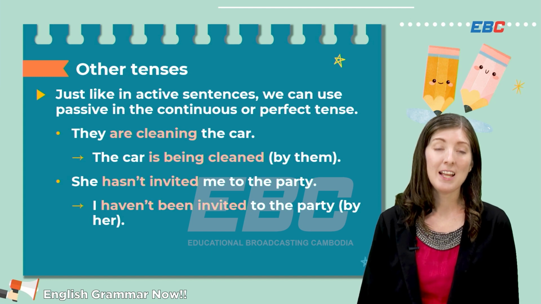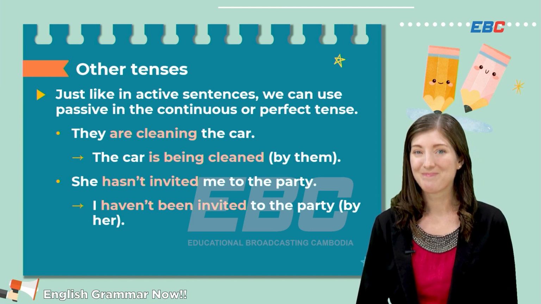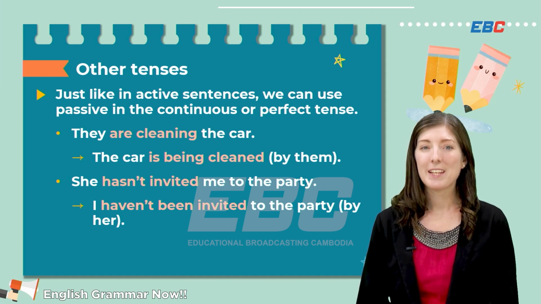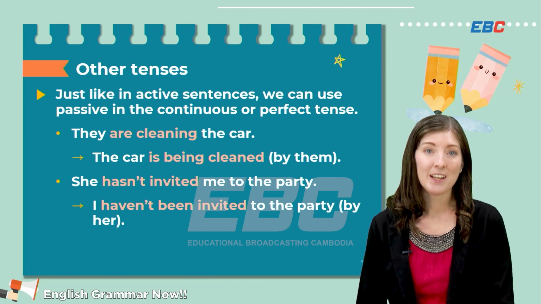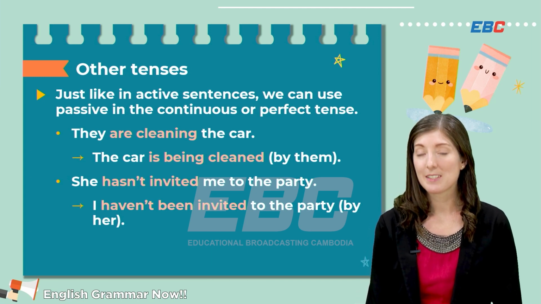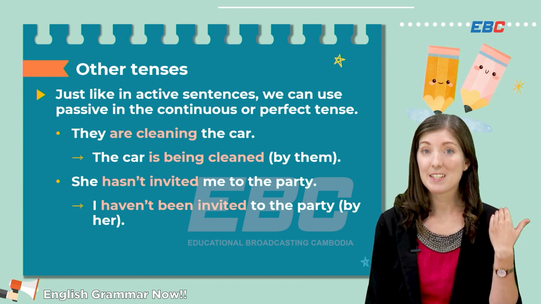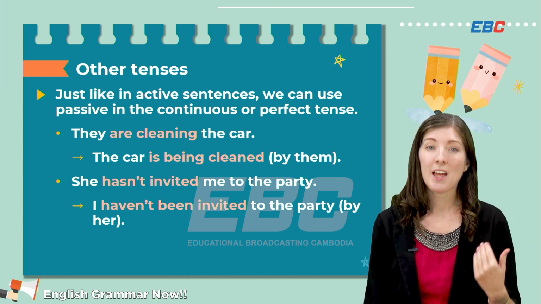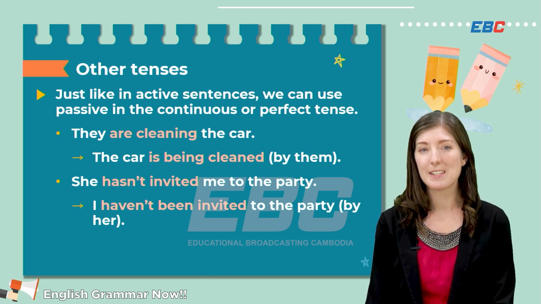The car is being cleaned by them. You can see that we keep the to be verb and the ing ending that comes in the continuous tense. If we wanted to make this sentence into the past continuous, we could say, the car was being cleaned by them.